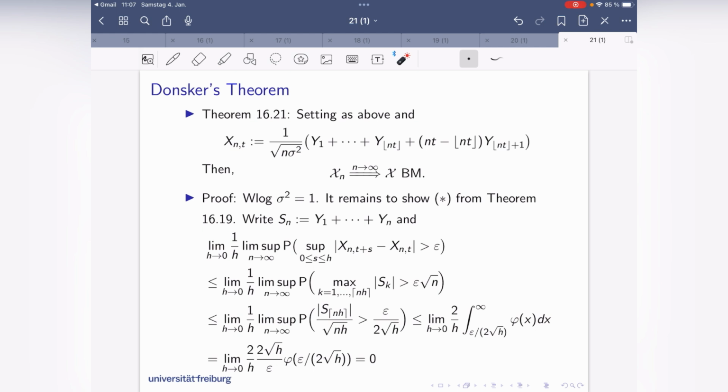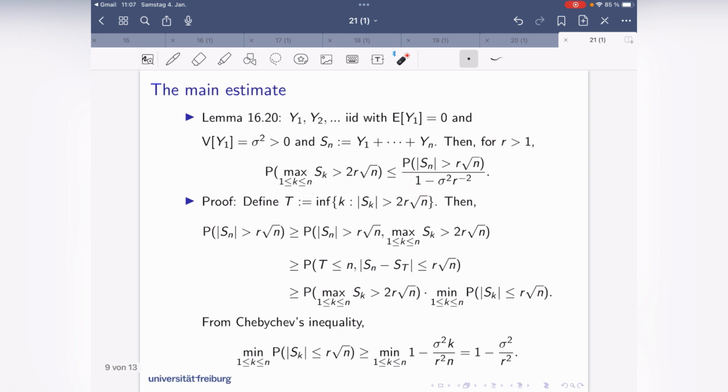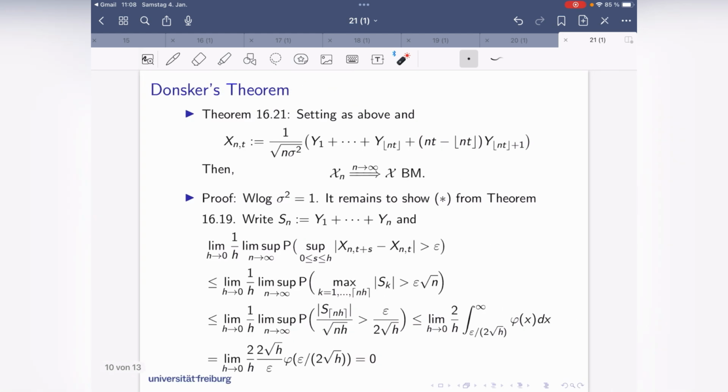Okay, and what happened with the denominator? 1 minus, okay, sigma squared is 1, and the r here is my epsilon.